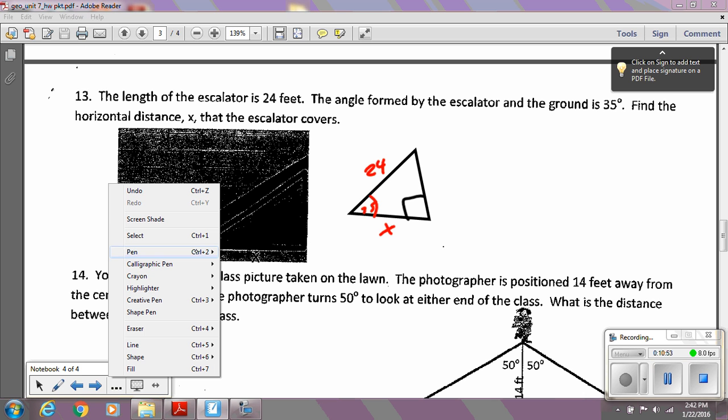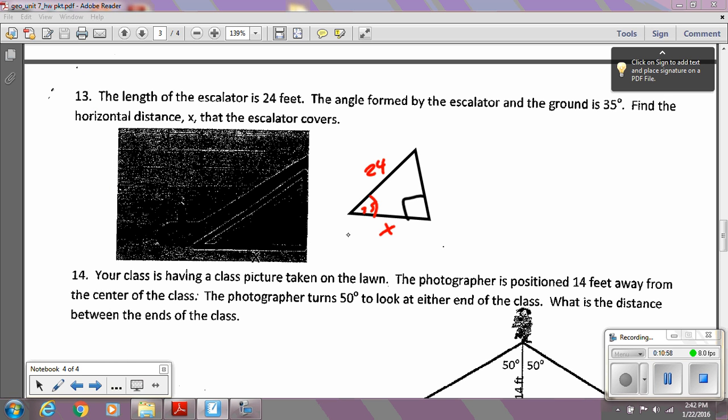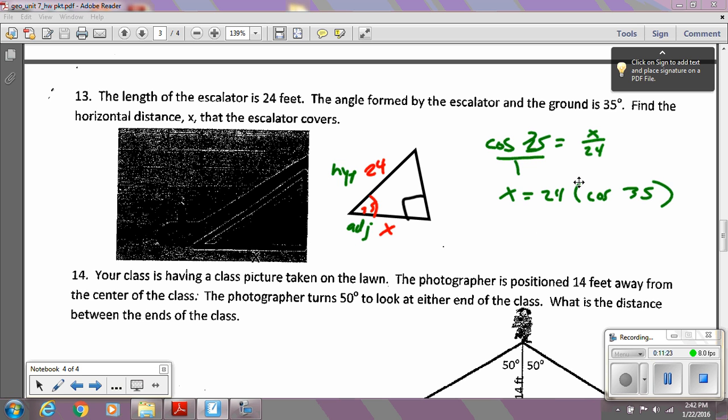So according to our reference angle of 35 degrees, we have the adjacent side and the hypotenuse. So we'll use cosine of 35 is equal to adjacent x over 24. Put it over 1, cross multiply. So x is equal to 24 times cosine of 35.